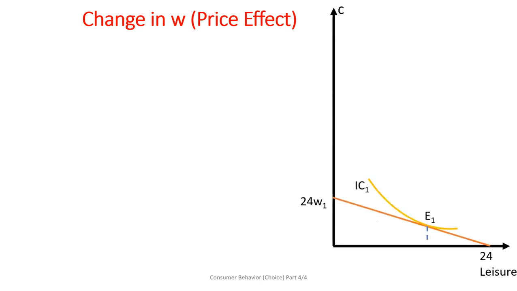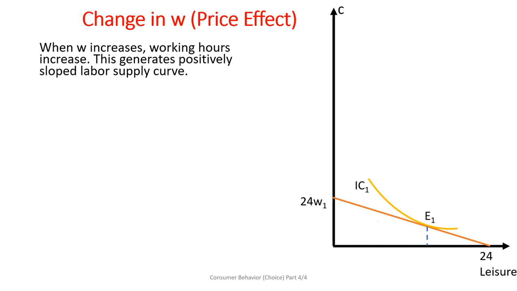We know that when real wage rate increases, the working hours increase because the work becomes more attractive and the cost of leisure increases. This generates a positively sloped labor supply curve.